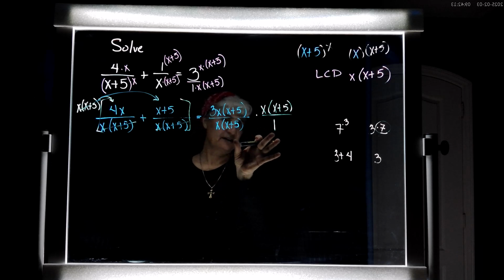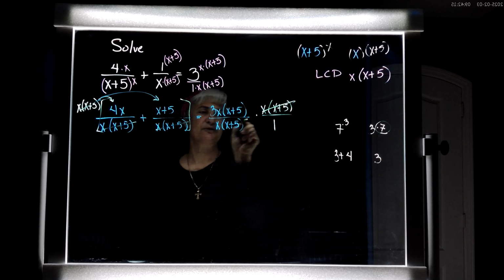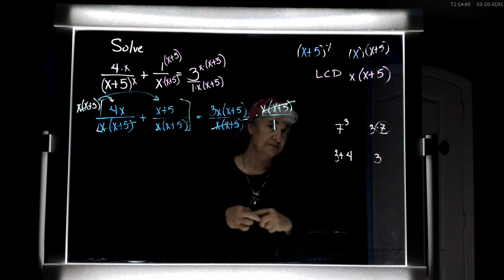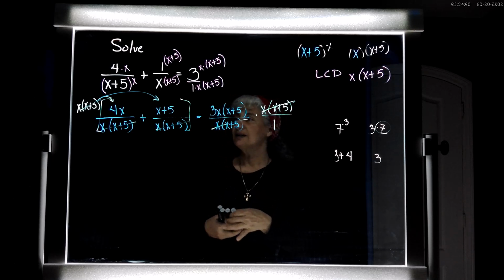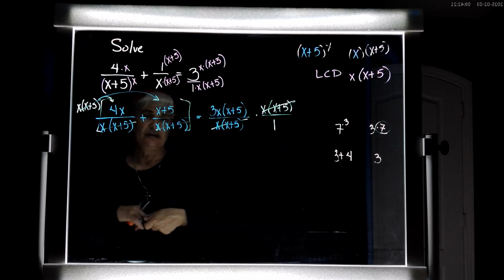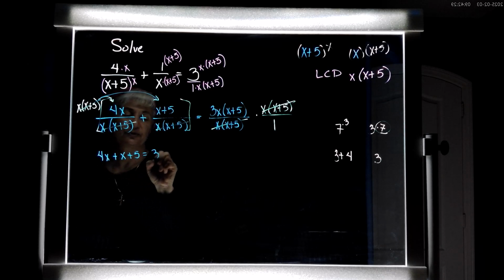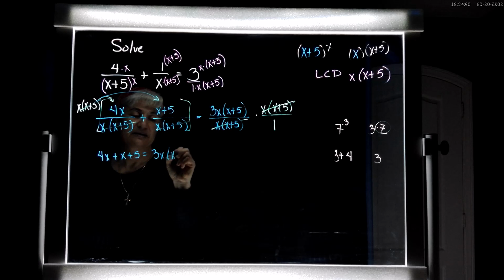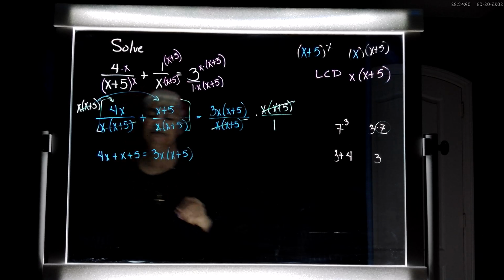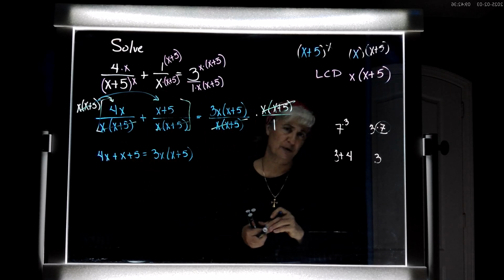The fraction on this side, these denominators are going to cancel, which leaves us with a much simpler equation. We have 4x plus x plus 5 equals 3x times x plus 5. And now that's a much simpler equation to solve.